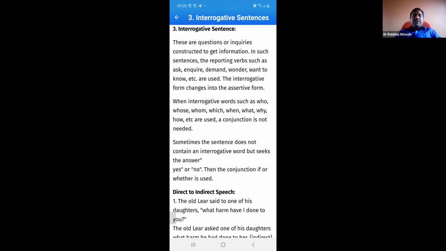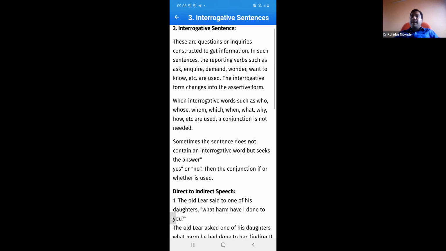Then what else we need to do is that when there are words in the direct speech or question like who, whose, whom, which, when, what, why, how, called WH words or interrogative pronouns, we do not need any conjunction to join the two clauses.